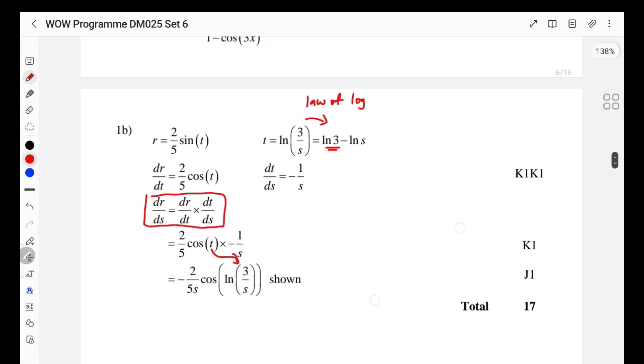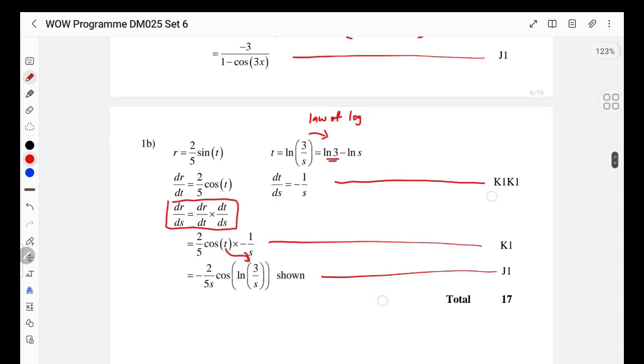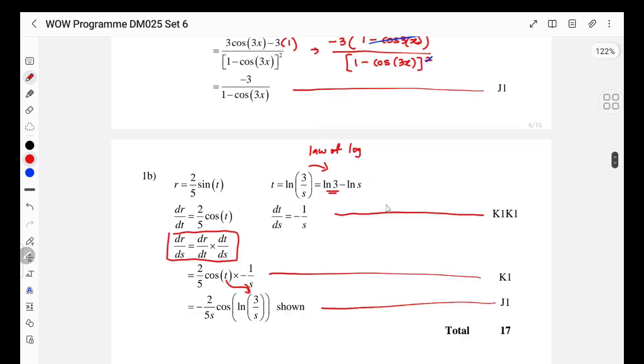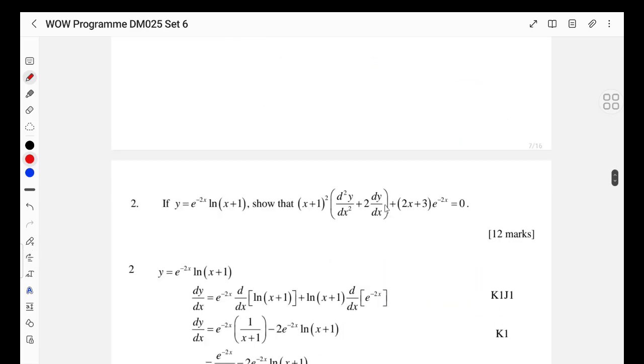Your first 2 marks is whereby you find dr dt and dt ds, and then k1 you substitute into the formula, and then final answer you show. So that is 1b.